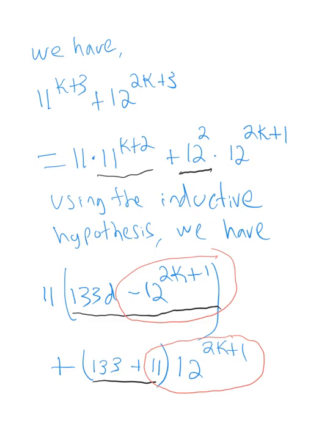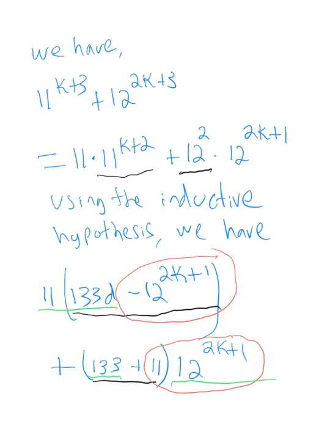But the next step is what we have: 133 times 11d, and then 133 times 12 to the 2k plus 1. That's what's going to be on the next line.